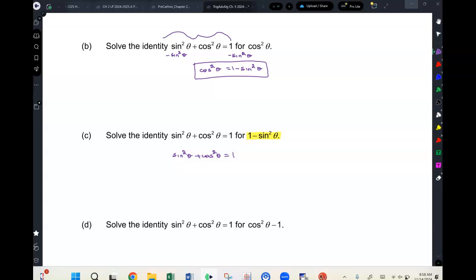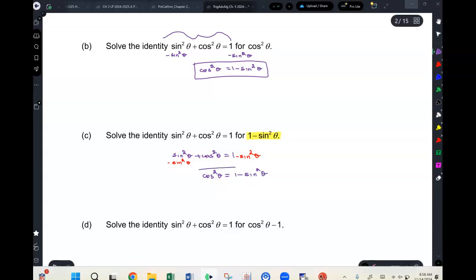I want 1 minus sine squared theta on its own. So how do I do that? Subtract sine squared theta, right? Because I want one side of the equation to say 1 minus sine squared theta. So cosine squared theta is equal to 1 minus sine squared theta.